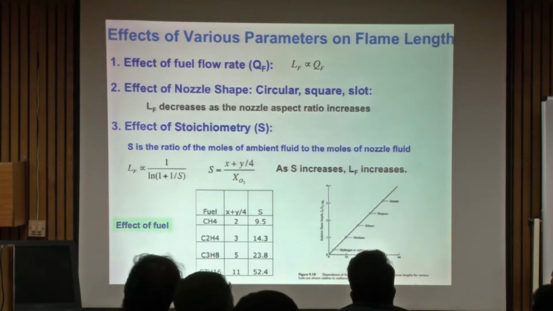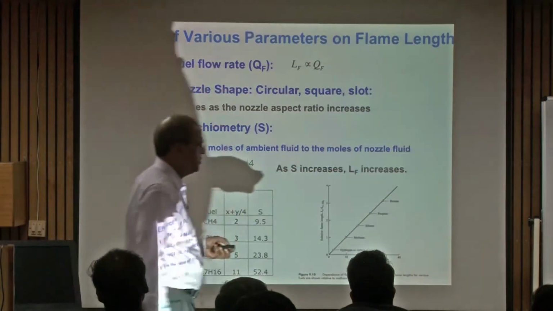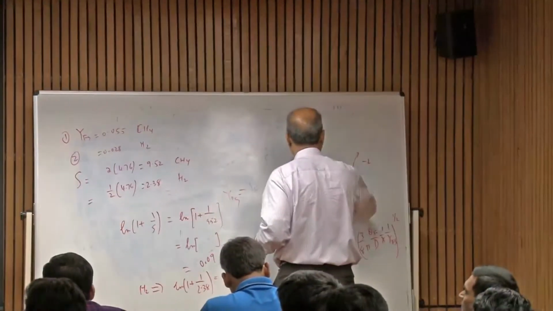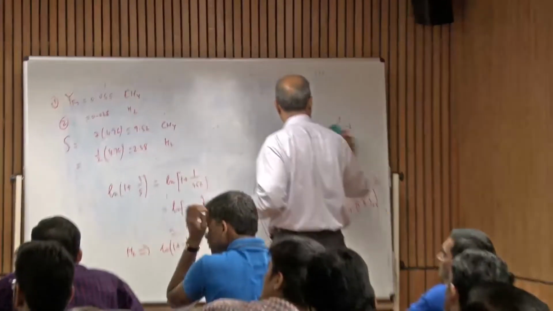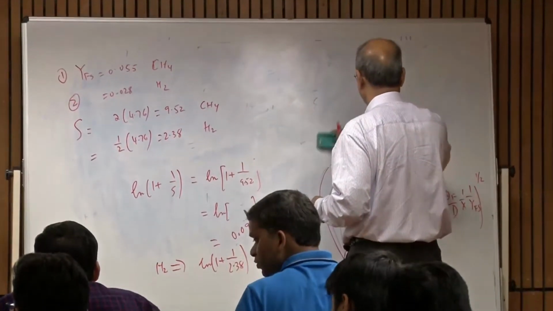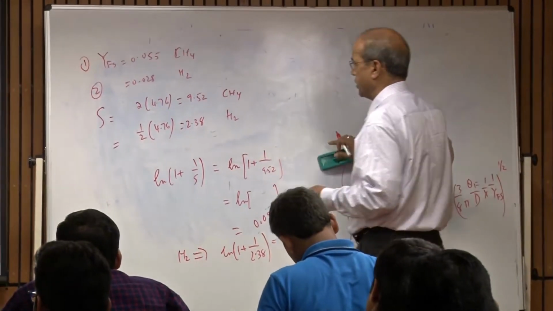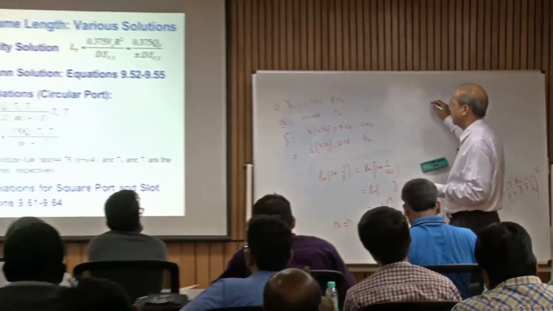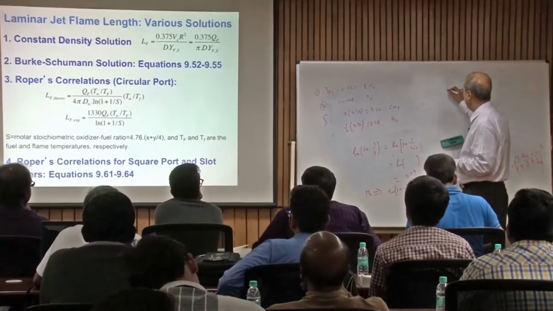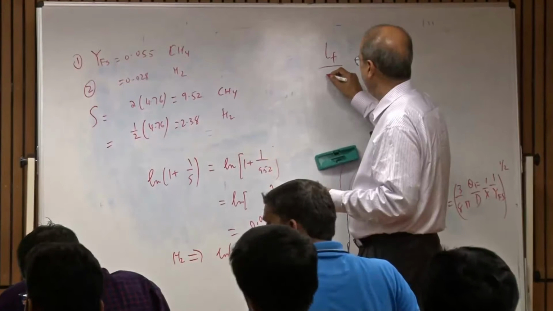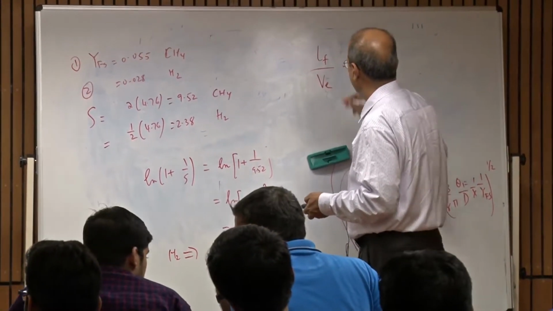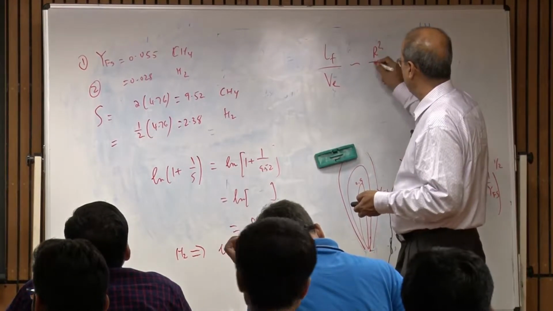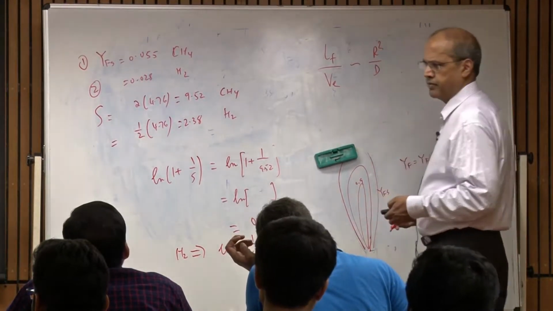Now, we can also look at this dimensionally, but just from a physical point of view. If you look at the original equation, we had done this before: LF divided by VE is proportional to R square over D, right?